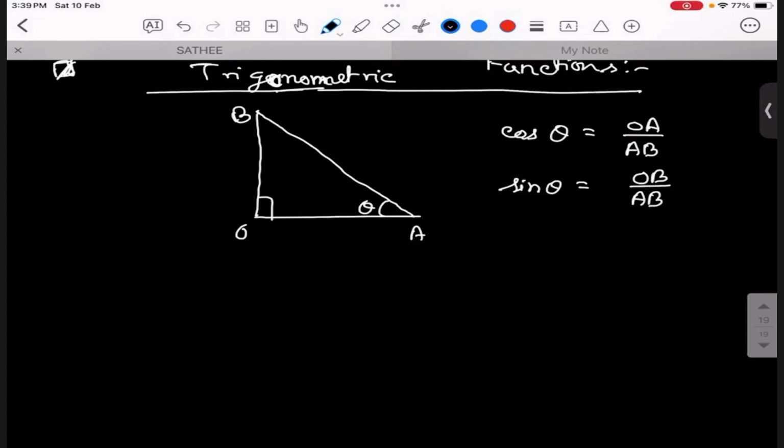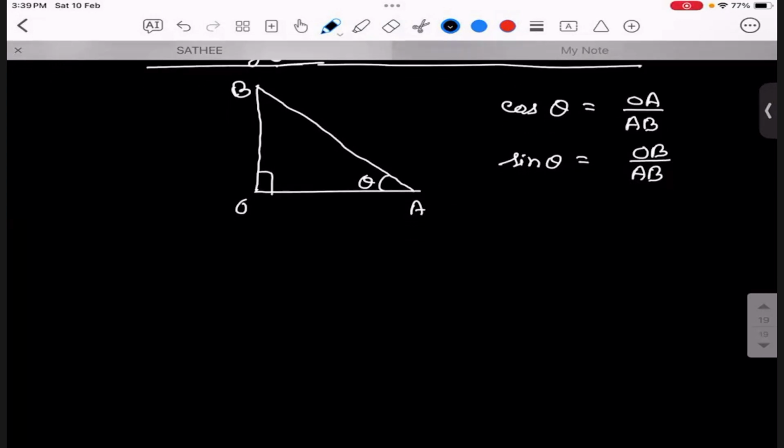So we know about these two things, and from Pythagoras law we know sin square theta plus cos square theta equals 1. Now in this section we will generalize this part.